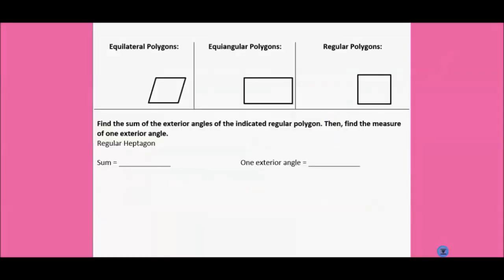Now there's some special polygons. There's equilateral polygons where all the sides are congruent. There's equiangular polygons where all the angles are congruent.